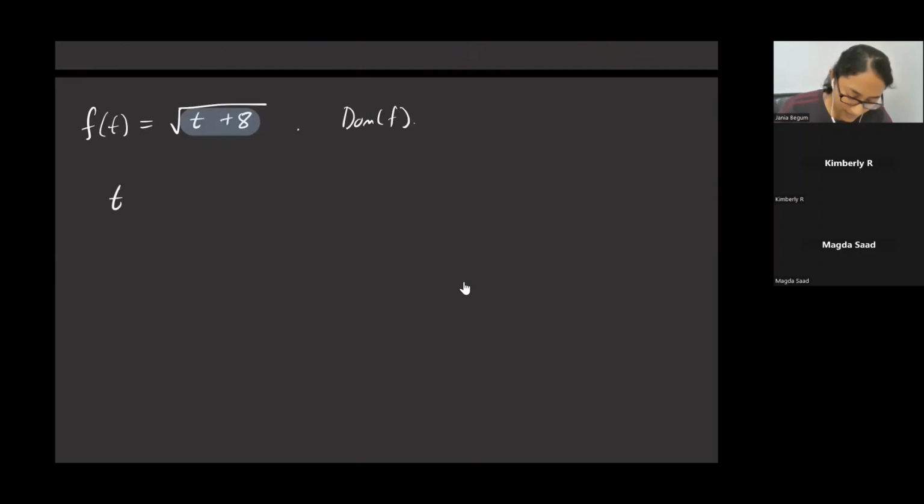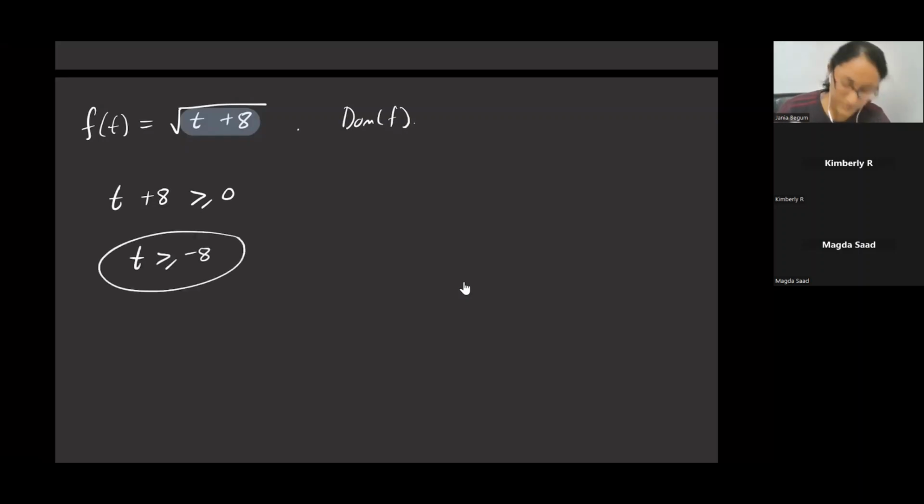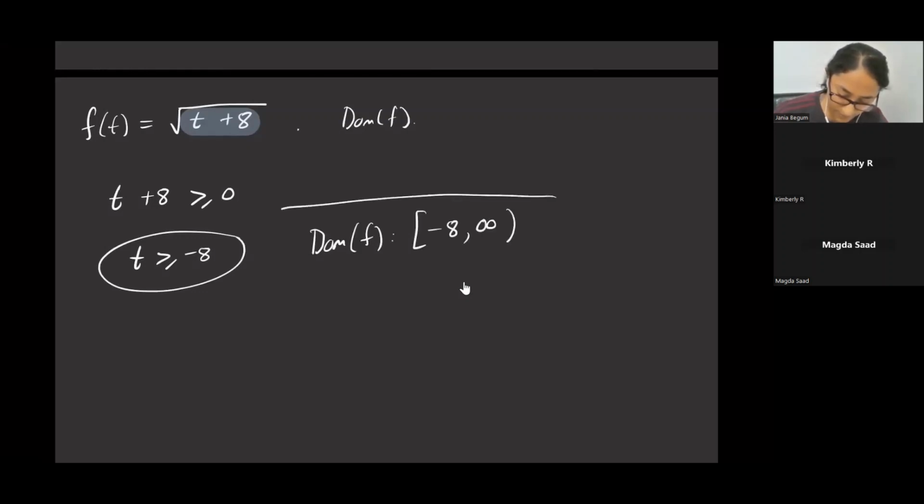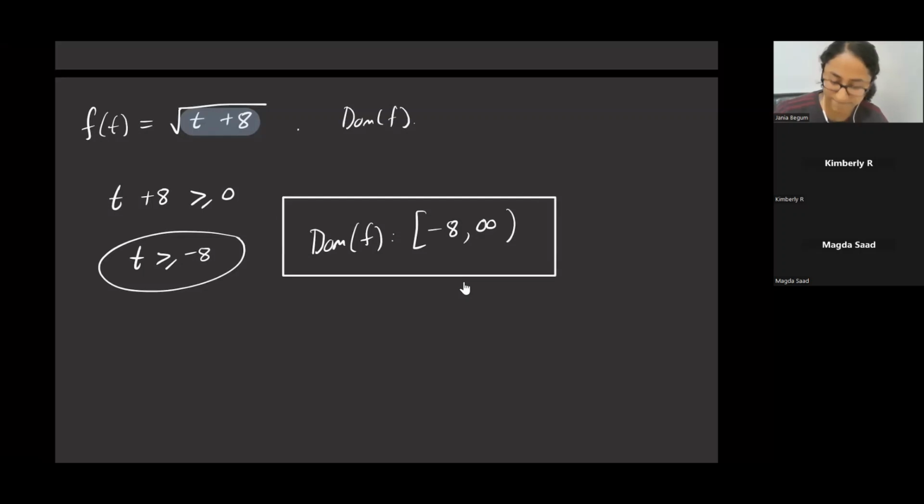So I want t plus 8 to be greater than or equal to 0. Here being equal to 0 is fine because it's in the numerator, not in the denominator. To solve for t, we subtract 8. So t has to be greater than or equal to -8. That's the domain, but of course you want to write it in interval notation. So the domain of f would be from -8 to infinity.